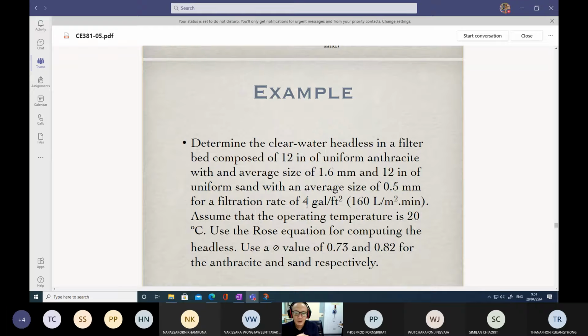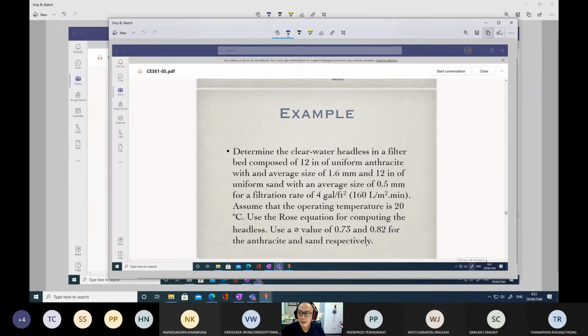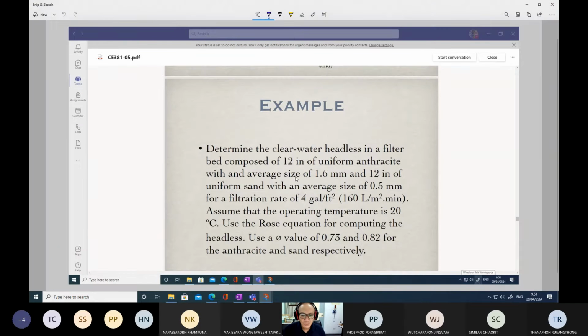If you go through the question, you'll find these filters basically have two types of media. In this question, they proposed two types of filter media. The first one is the anthracite, and the second one is the sand.